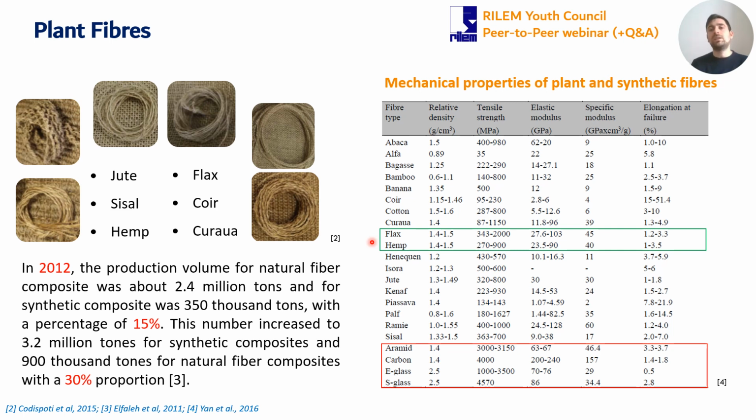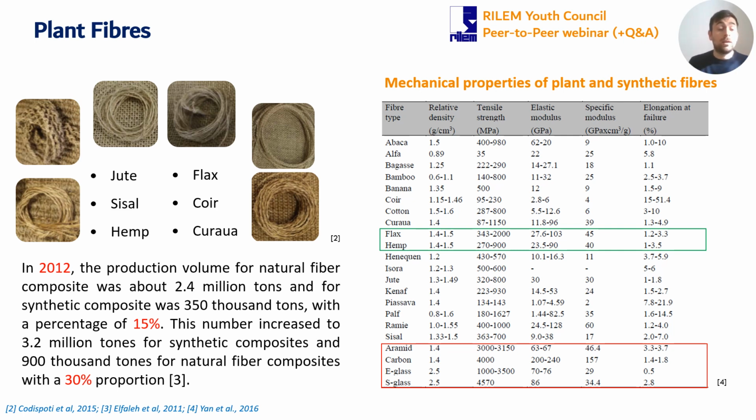This is because this kind of fibers are much less engineered compared to the others, so results are quite more variable. In terms of strength, for instance, the maximum strength of flax is 2000 megapascal. This is more or less in the order of magnitude of also high-strength fibers. So we can see that there is a potential in terms of strength.